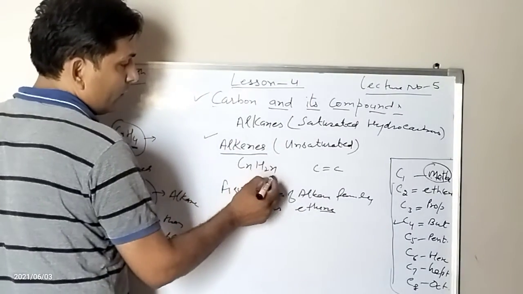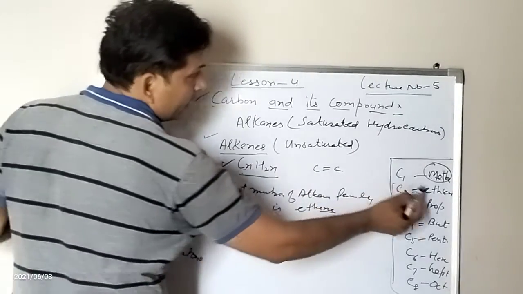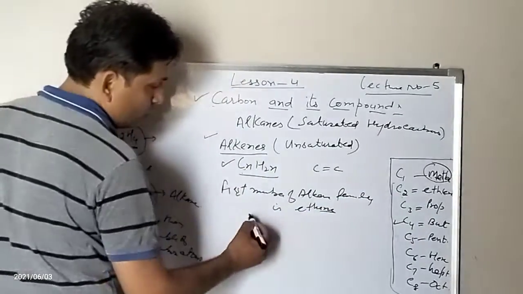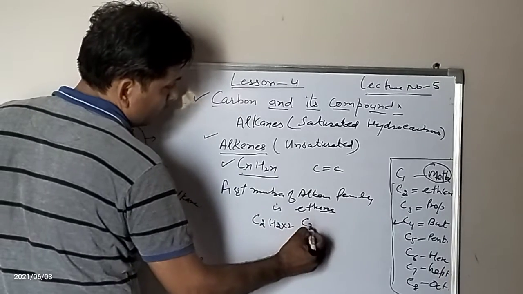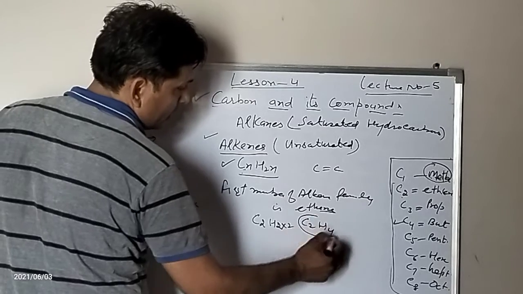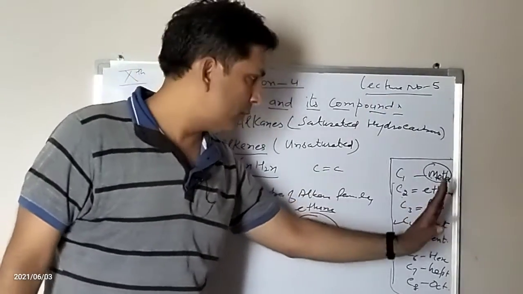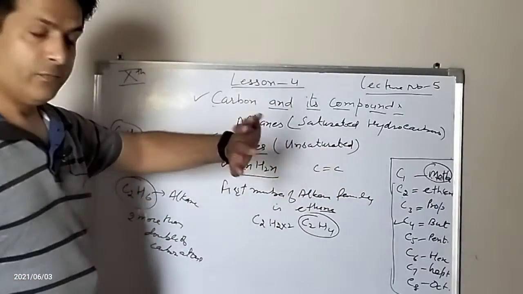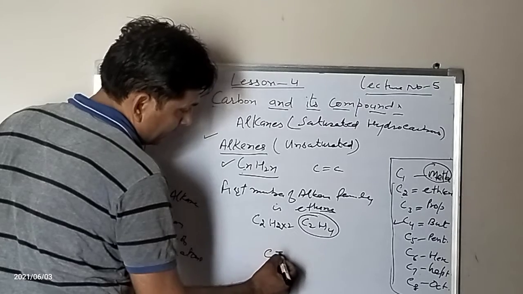If we write the formula for ethene with the help of this formula, the number of carbon atoms is 2, so C2, and 2 into 2 means C2H4. This is the molecular formula for ethene, the first member of the alkene family. If you write the structural formula, you will write like this.